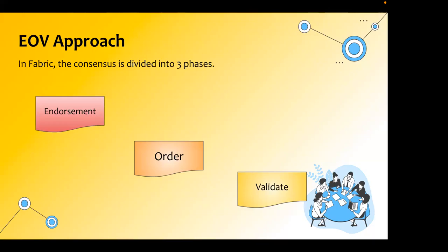That is the very first thing for every transaction. First the endorser peer will look at the request, verify the request, look at their own ledger, verify the read, and verify whether the transaction request is correct or not.